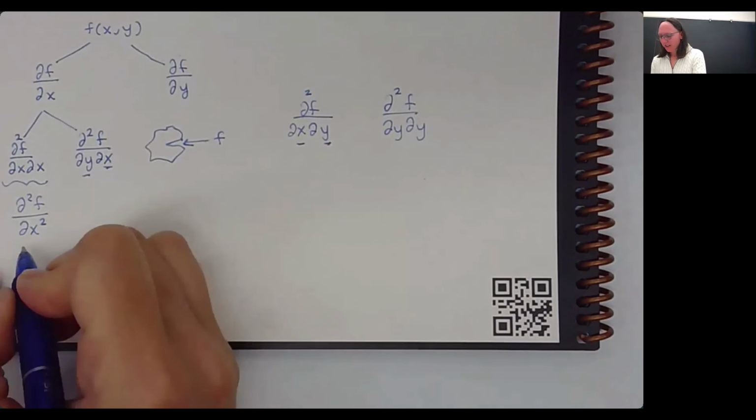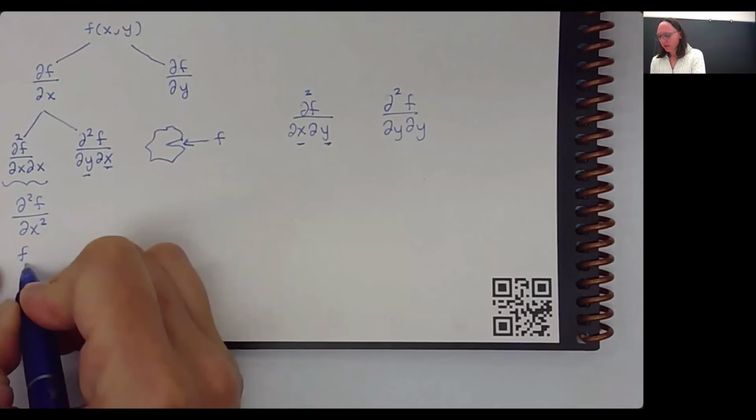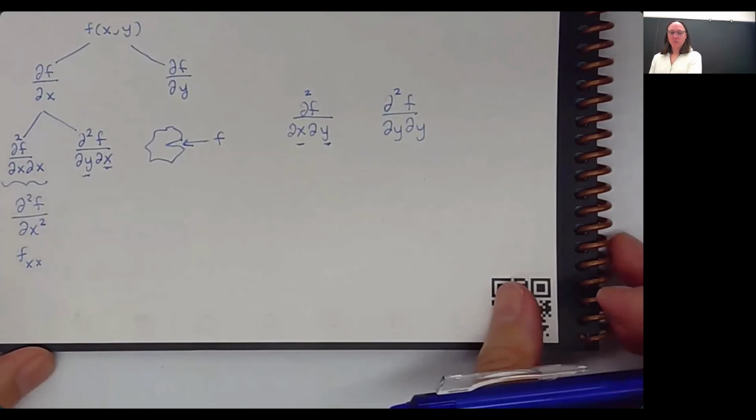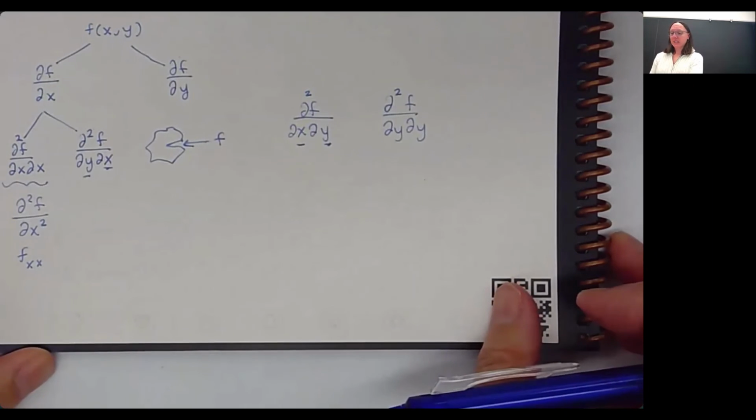I can also write that with a subscript with 2 y's. All of that is just notation. It's a little bit clunky, so we'll just wait and see what notation we're using. But let's do some examples.